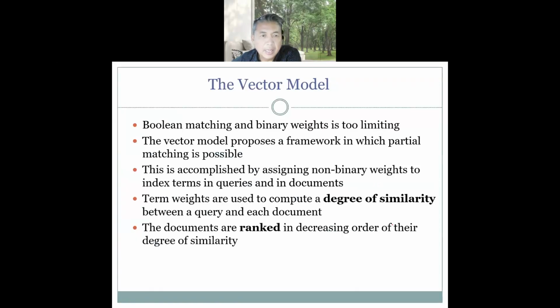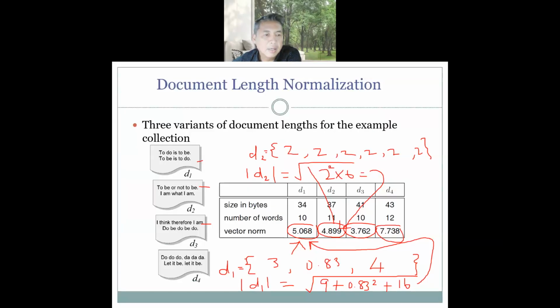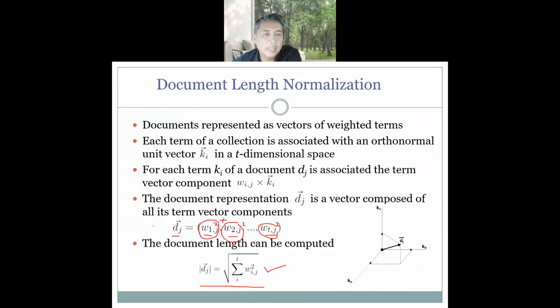What we are looking at here is the degree of similarity, and based on that degree of similarity, we are trying to find the ranking of the documents. Based on this representation, each document is represented by a vector.